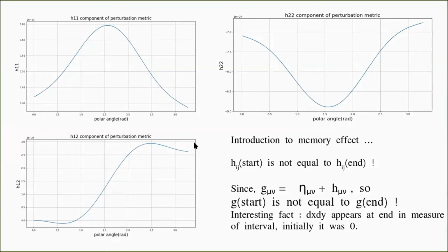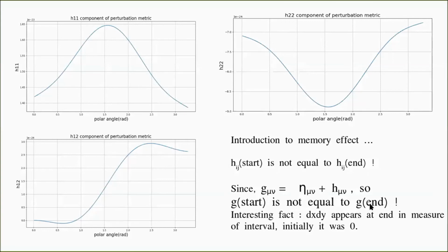So what can I infer from this? That is, Hij start is not equal to Hij end. Since g mu nu equals eta mu nu plus h mu nu, and we know that g mu nu is a measure for the length of the line element. So as Hij at start is not equal to Hij at end, g at start is not equal to g at end.